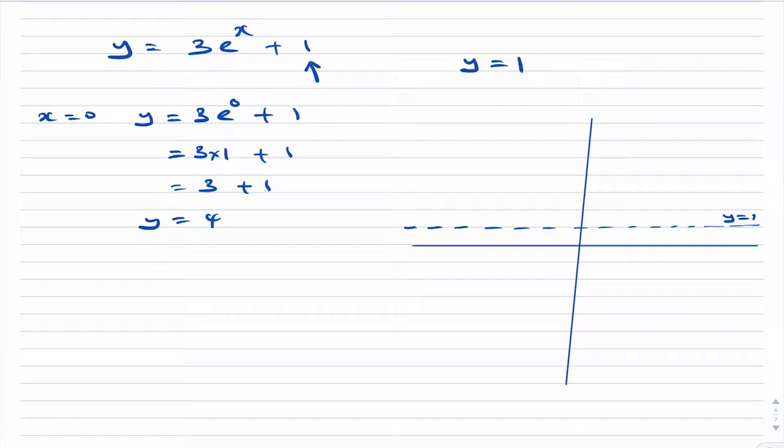So y equals 4 when x equals 0. The point of interception on the y-axis has the coordinate (0, 4). The curve will obviously approach the line, but never touch it. Let's just do it again.